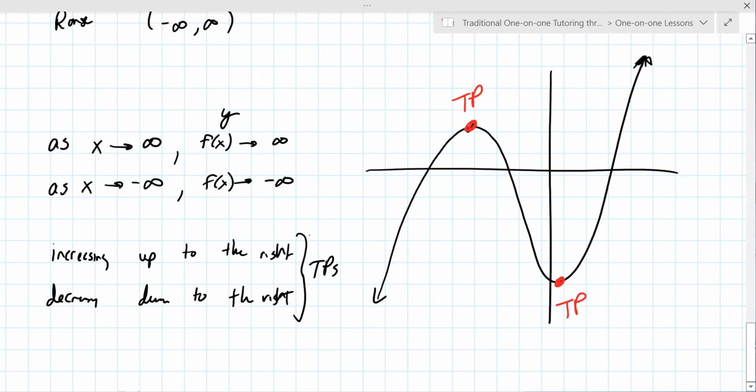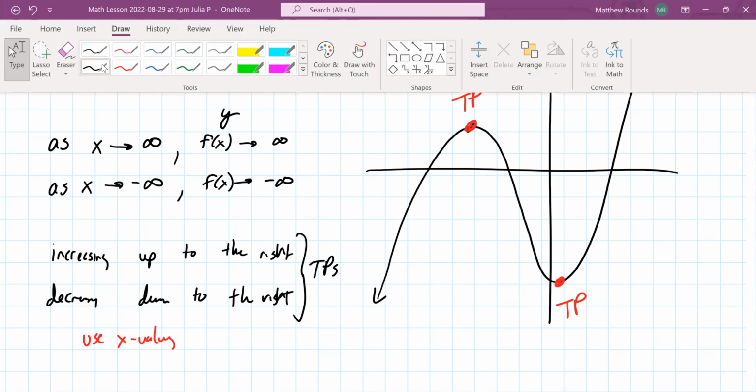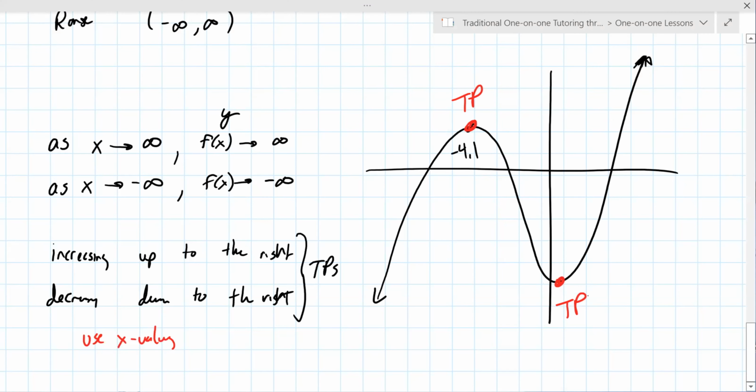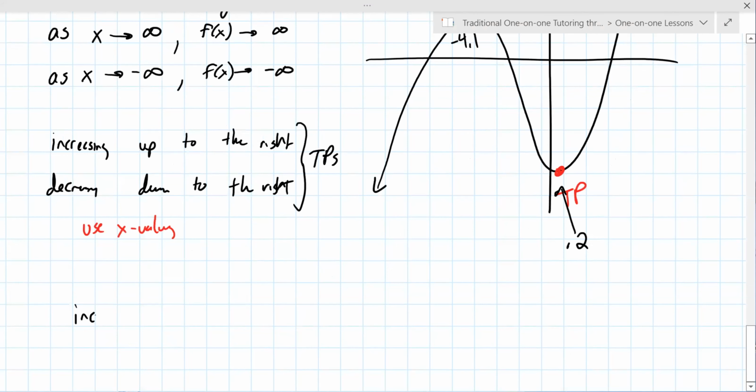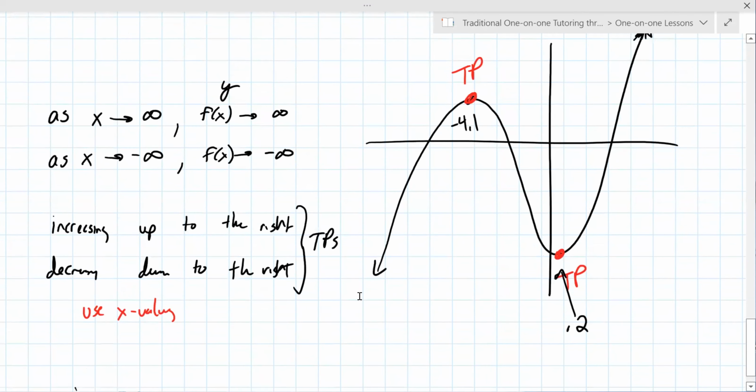And this is very important: you use the X values for this. Okay, so the Y values actually are not important. So I think you said this was minus 4.1. And then like I said, this was like 0.2. So it's increasing anywhere it's going up and to the right.